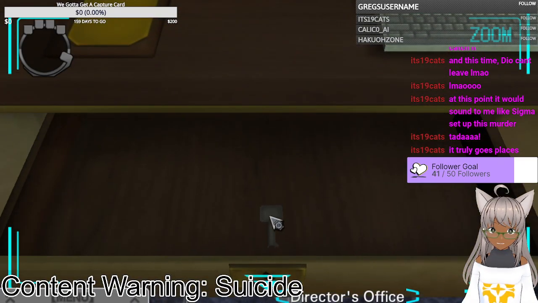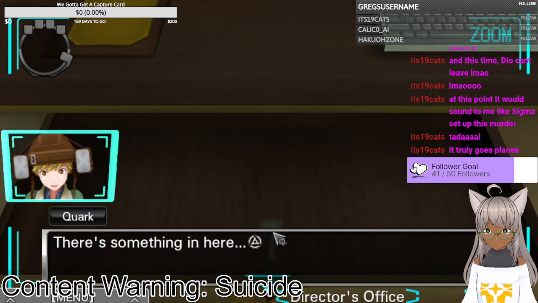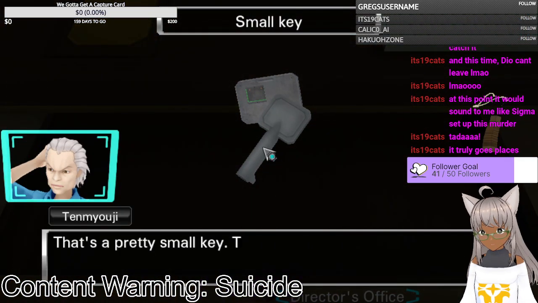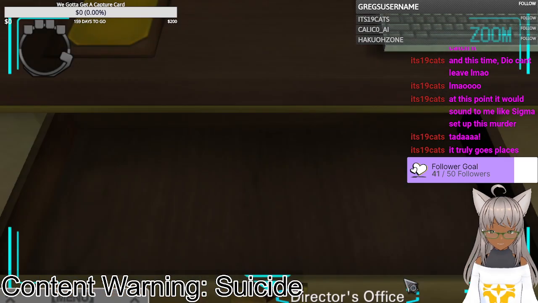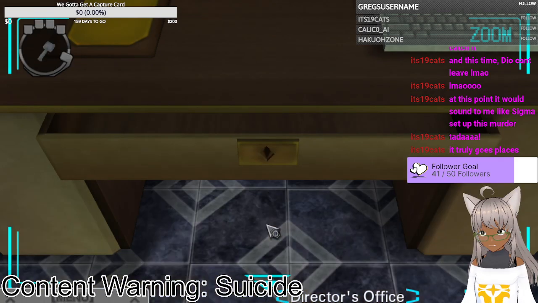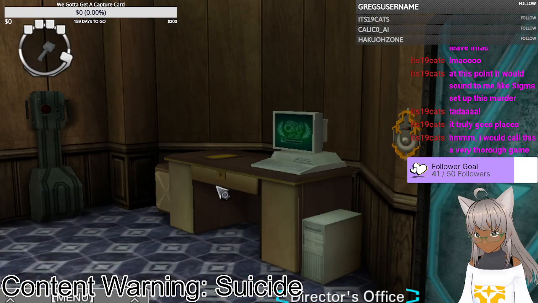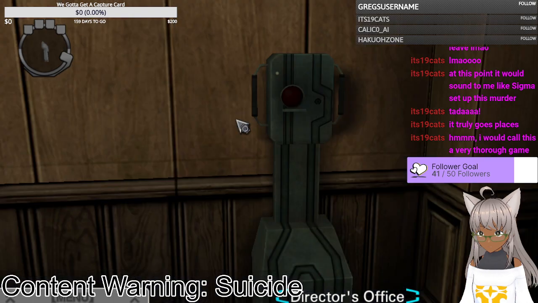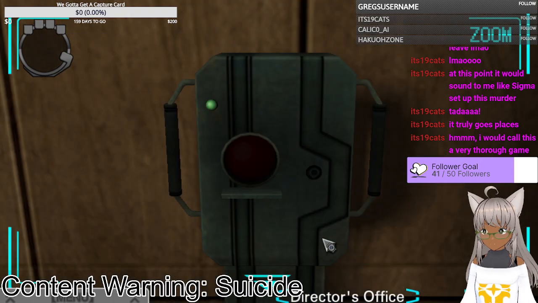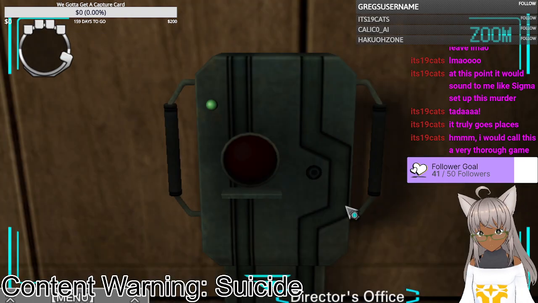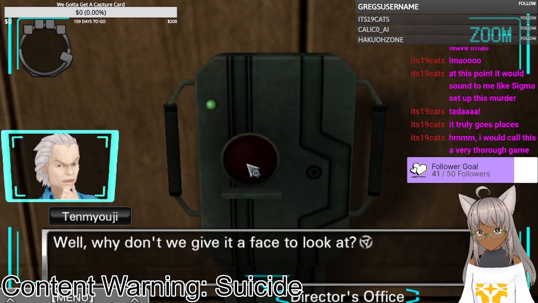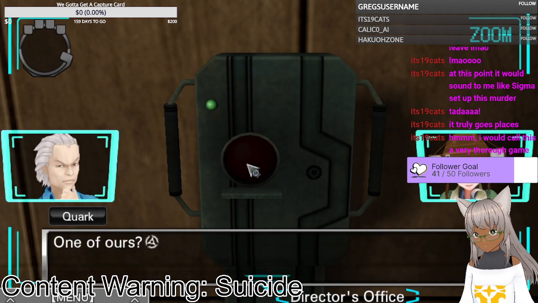Yeah, we can click this thing in here. There's a small key. We can use this for the facial recognition. Okay. Now what face does it need to recognize?